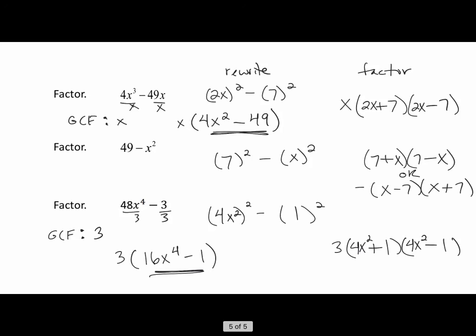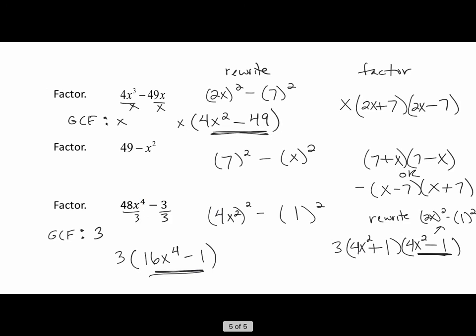However, this is not fully factored, is it? Because this binomial factor actually is another difference of 2 perfect squares, right? If we were to rewrite that, we could write it as a difference of 2 perfect squares, 2x squared and 1 squared.